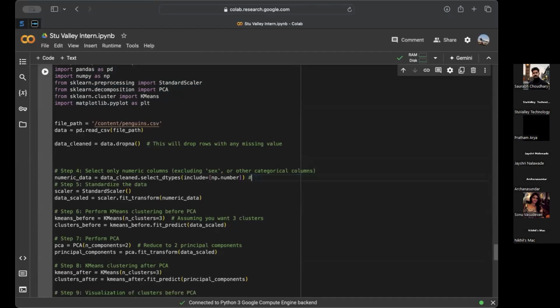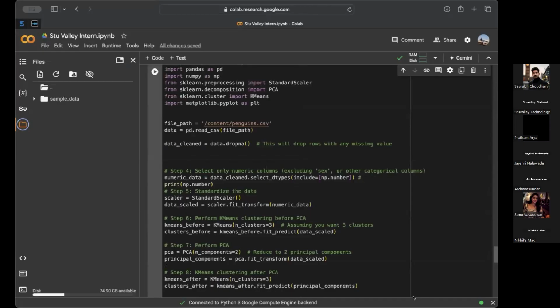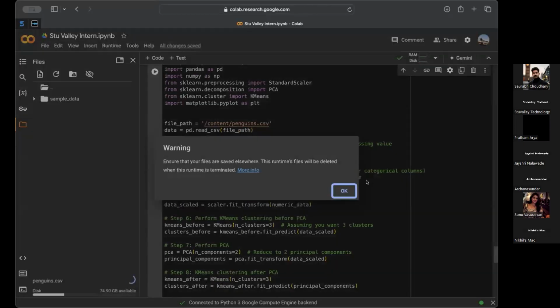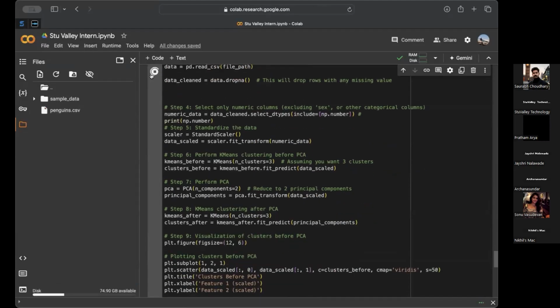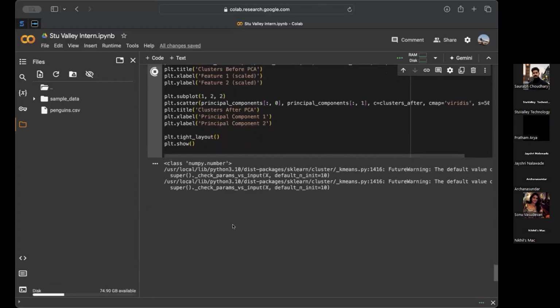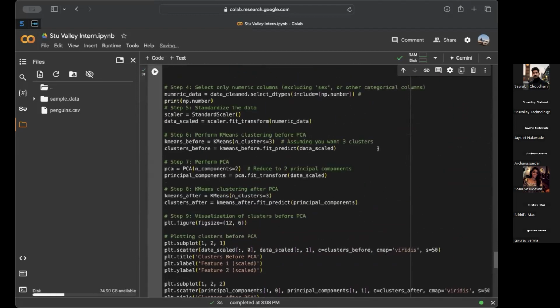Can you just print NP dot number individually? Class NP numpy number. Numpy number.